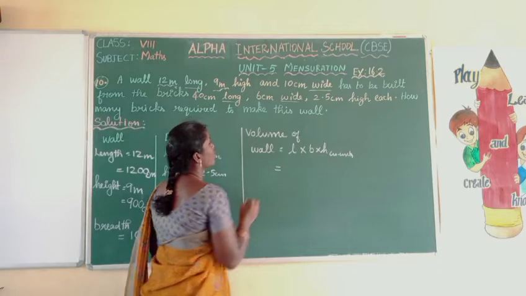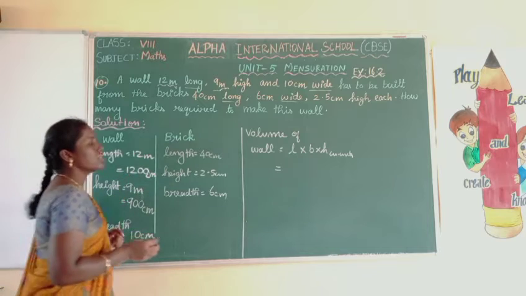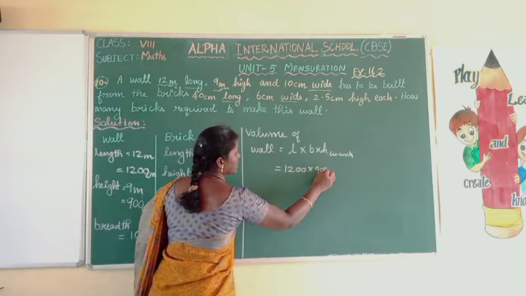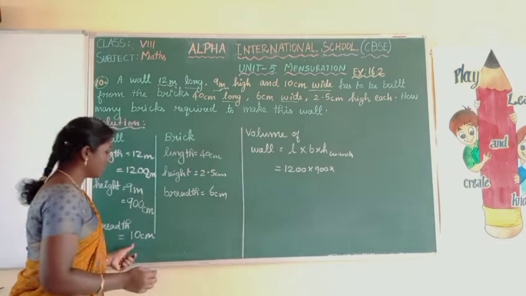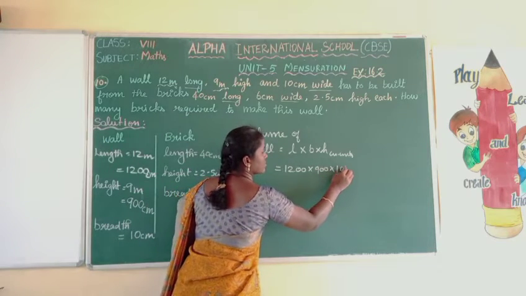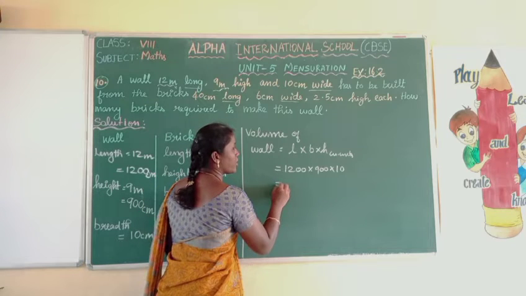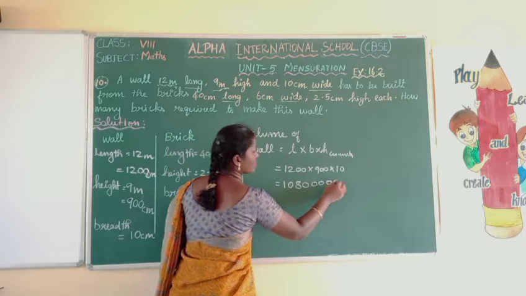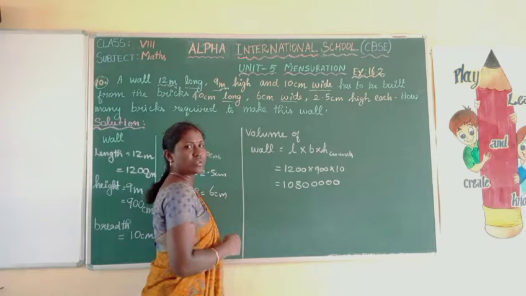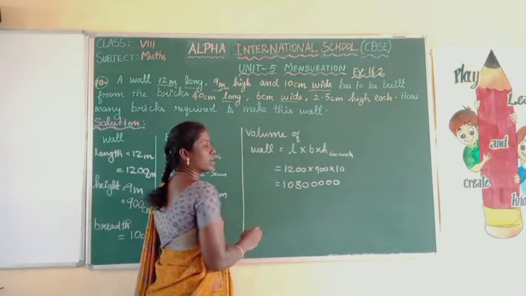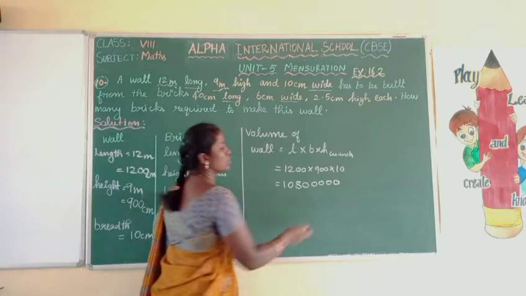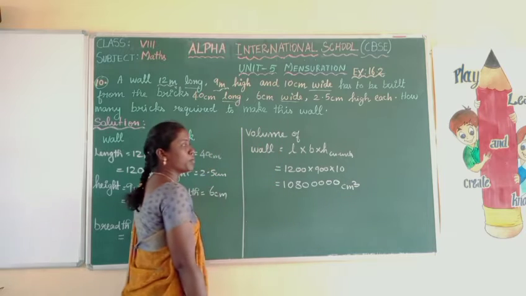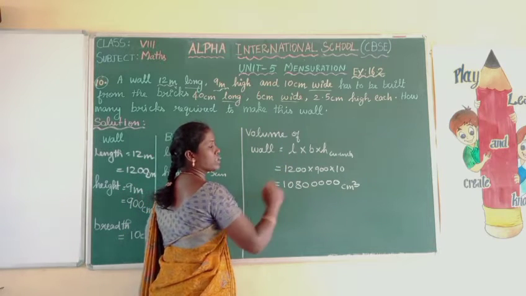So what is the length of the wall? 1200 into 900 into breadth 10. Multiplying, we only have zeros now. 12 into 9 will be 108, and add all the zeros, in cubic centimeter, because we are finding volume in cubic units.